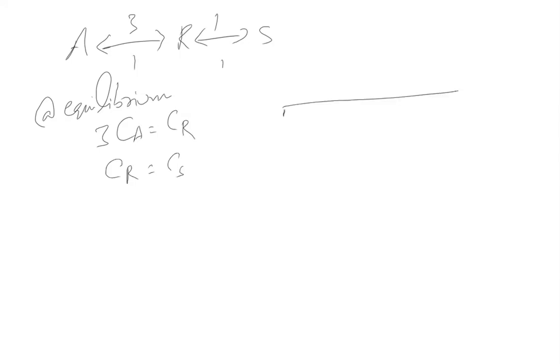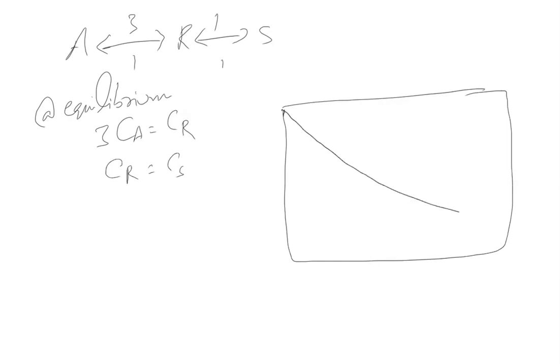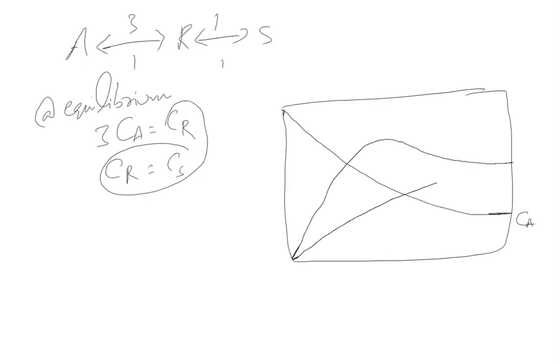Then what happens if you plot the rates is A will decrease like this. This is concentration of A. Then what are R and S concentrations? R will increase like this and slowly decrease like this. And S will reach like this. This CR and CS are constant, CS is 3 times A. But suppose if 3 is equal to 1, then what happens?